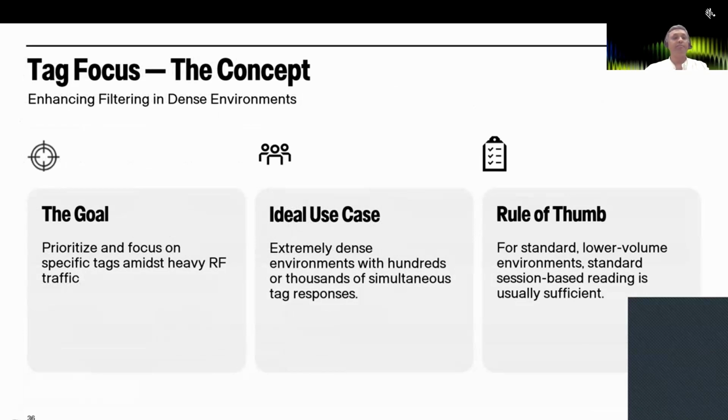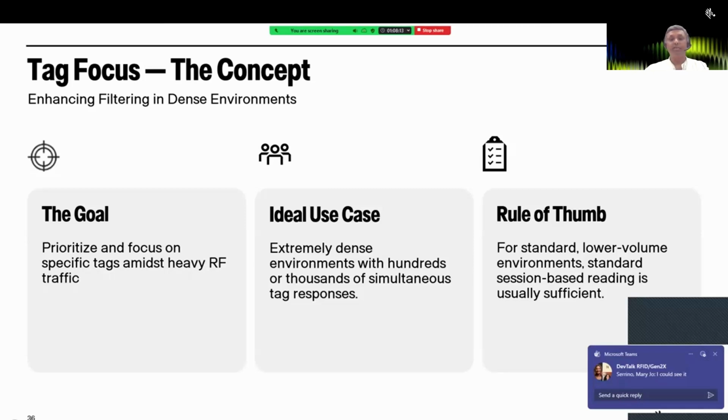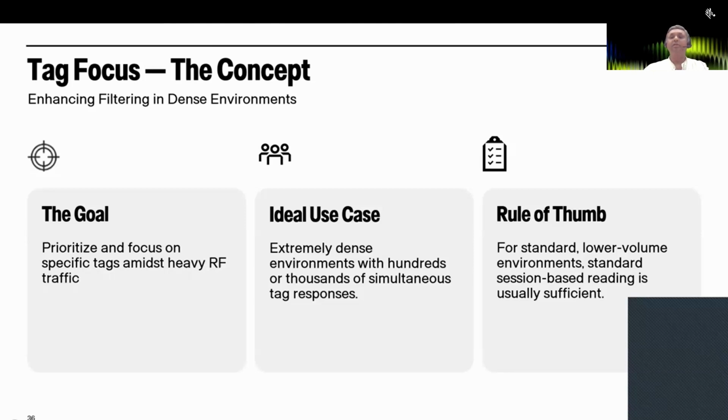So tag focus is used to enhance filtering in the dense environment, right? With hundreds, thousands of simultaneous tag responses, right? For standard or the lower volume environments, the standard session-based reading is usually sufficient.